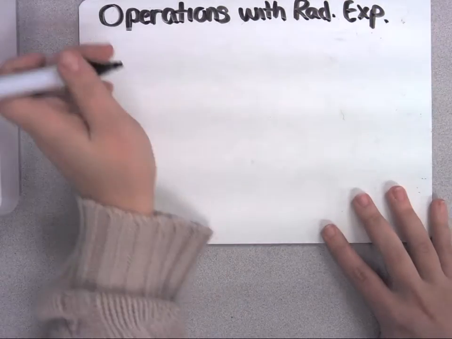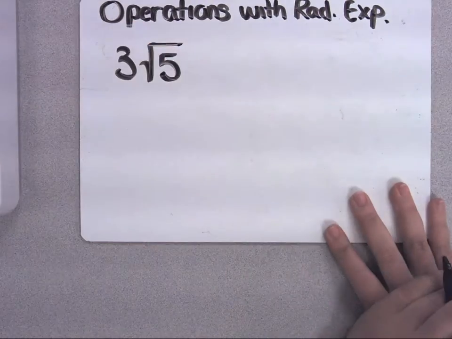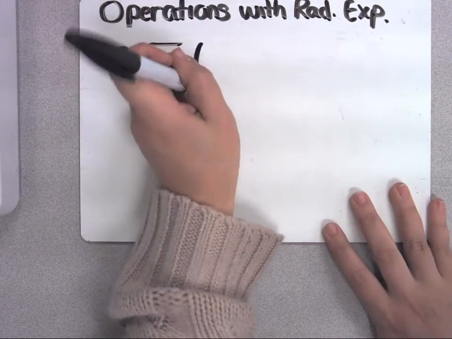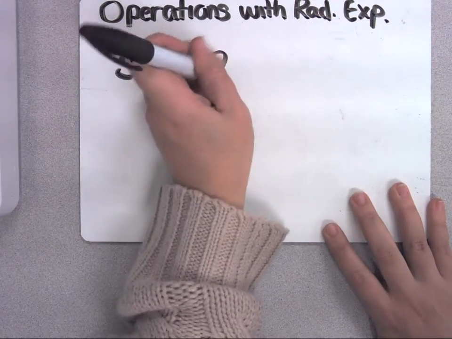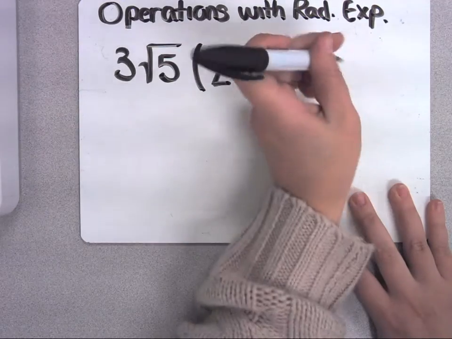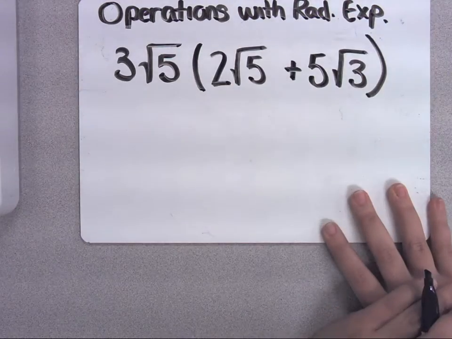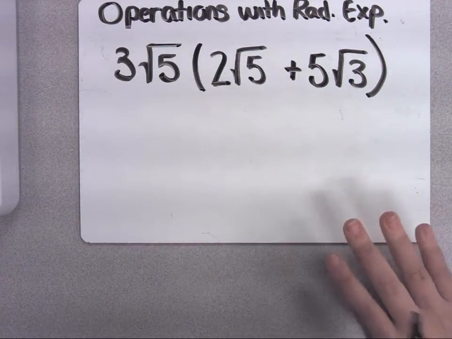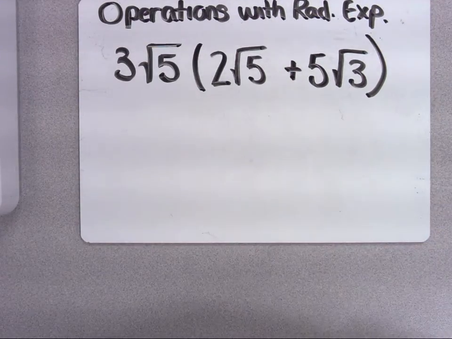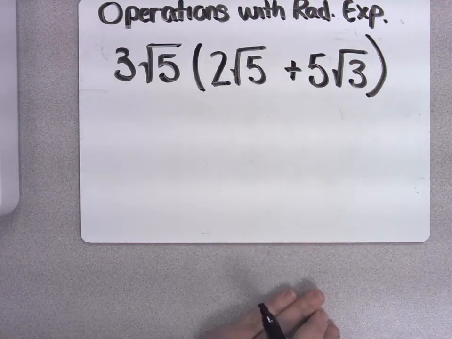And then anything much different about this? 3 square root 5, parentheses, bless you, 2 square root 5 plus 5 square root 3. What does this guy ask us to do? We have to distribute. When you distribute, you can still only multiply like things, right?